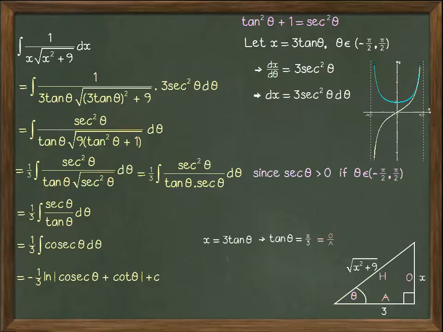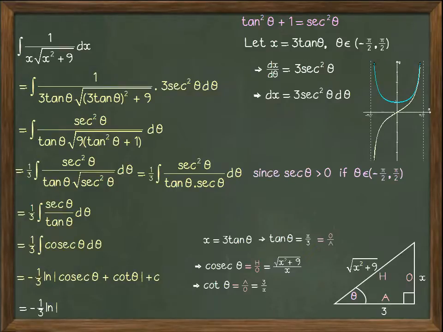And using Pythagoras, I can calculate that my hypotenuse is equal to the square root of x squared plus 9. Now cosec theta, which is the reciprocal of sine theta, is hypotenuse over opposite, which is therefore the square root of x squared plus 9 over x. Cot theta is the adjacent over the opposite, which is 3 over x.